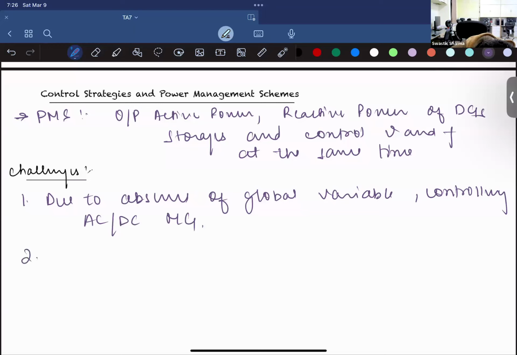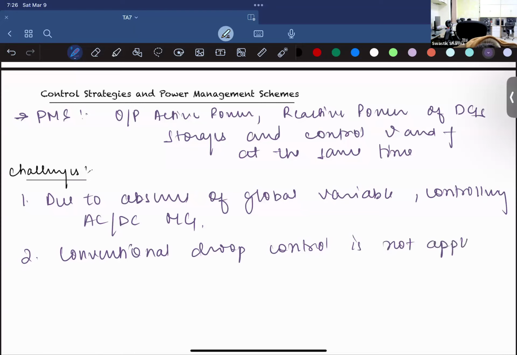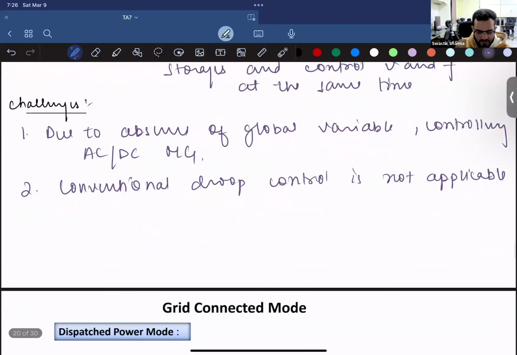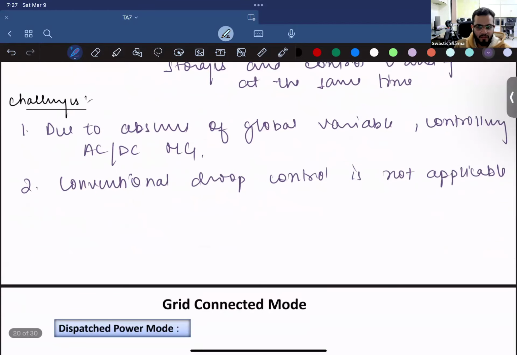So due to this, your conventional droop algorithm is not applicable because, as I said, how will you do droop control? On one side, your power is changing frequency, and on the other side, your power is changing your voltage level. So conventional droop control is also not possible. And due to these challenges, you develop power management strategies or schemes.